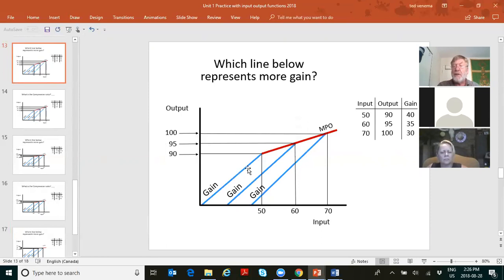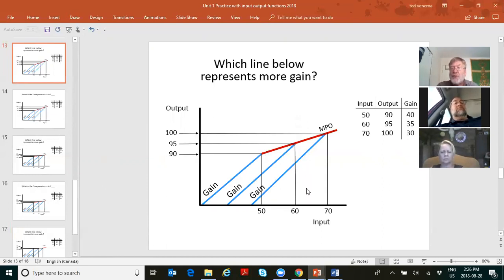Okay, look again. Here's this line here, and look at its knee point. If 50 in is 90 out, my gain is 40. So now let's look at the rightmost blue line. Where does it meet 90? Keep going, keep going, right here. So if I work my way down, that's almost 65.